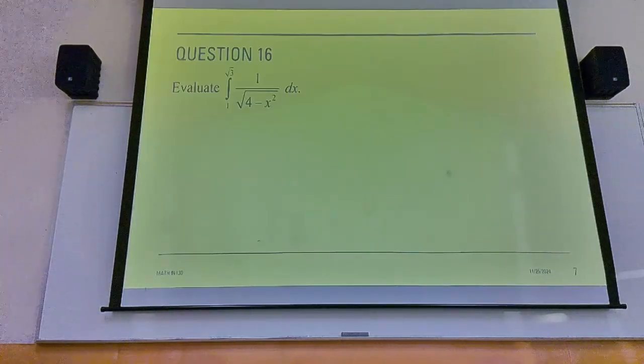Multiply top and bottom by the square root of 4 plus x squared. I think it's not that. You can do that, but it won't help. It's essentially multiplying by 1. You're allowed to do that, but it's not going to help in this case. Is that also referred to as multiplying by the conjugate? That's not the conjugate here. What would the conjugate be? Negative square root of 4 minus x squared, technically.